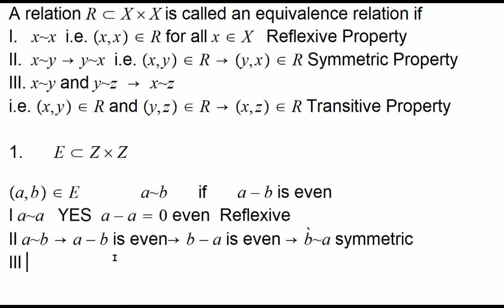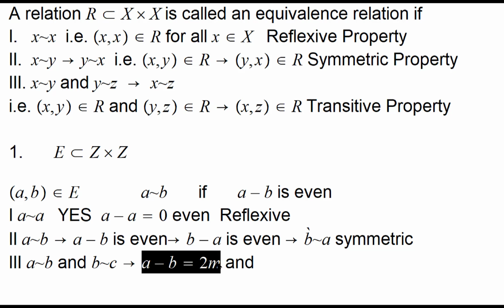So here, say we have A related to B and B is related to C. So that means that A minus B is 2m for an integer m, and B minus C, say that is 2n.